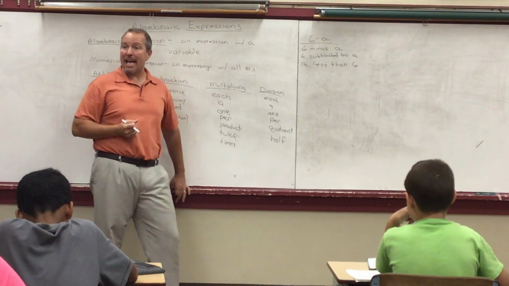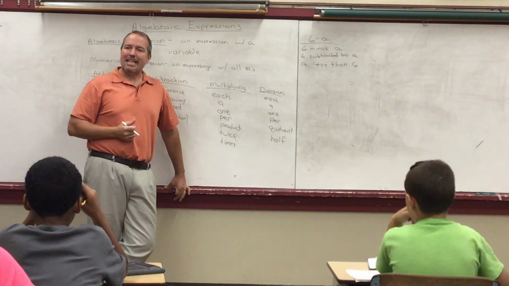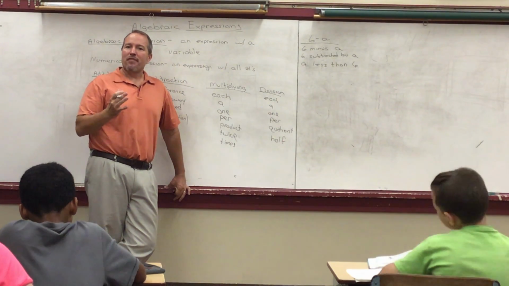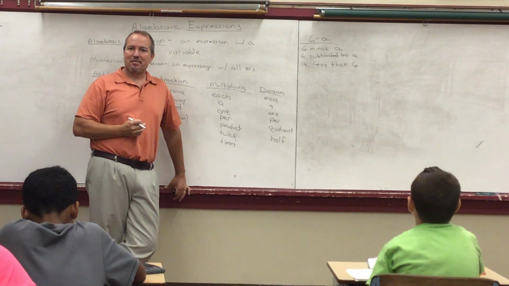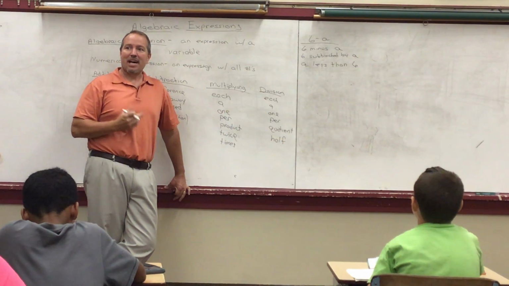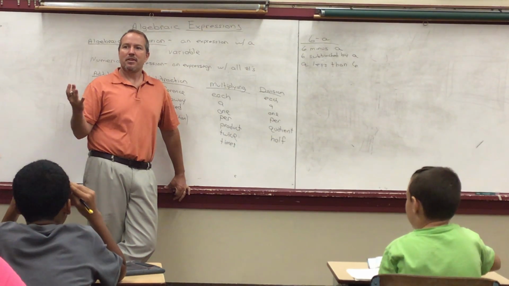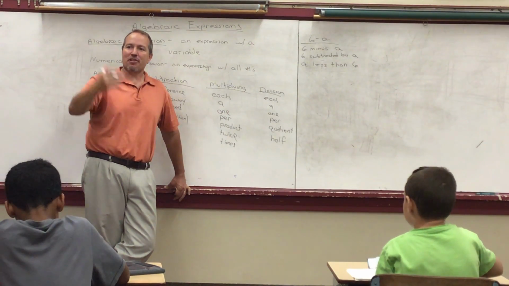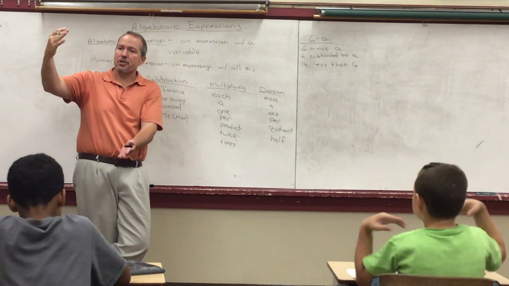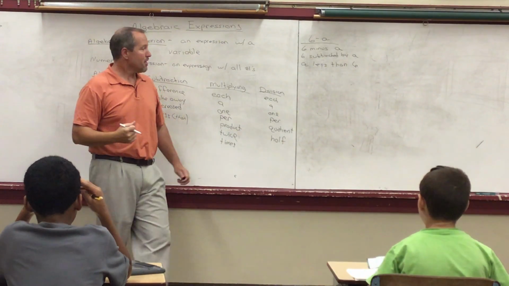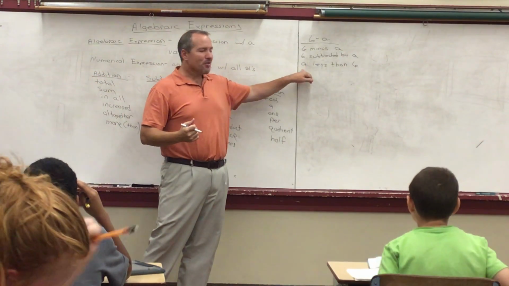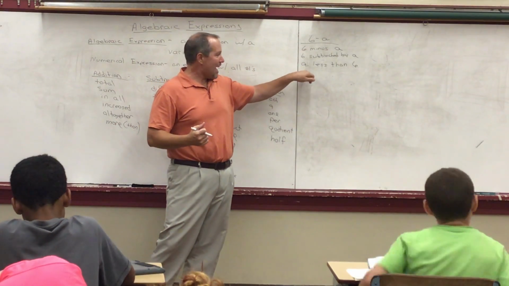But what is 5 less than 7? 5 less than 7 is? Isn't that 2? You're at 7, going 5 less than that would be 2. Okay? So whenever you're going A less than 6, that means you're taking A from 6.